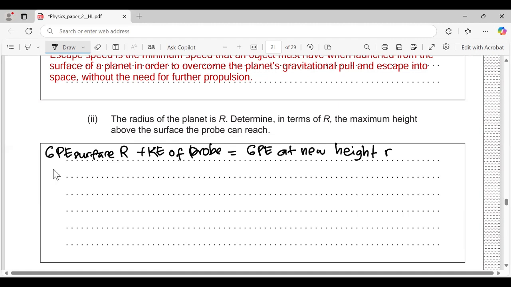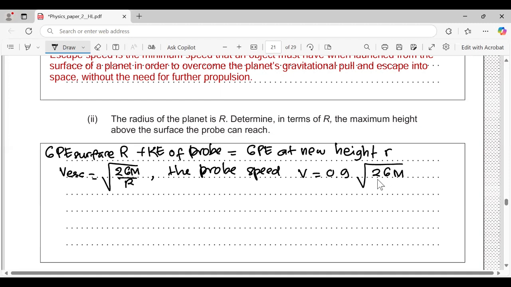Okay, I would like to start from the escape speed. The escape speed, v escape, is the square root of 2GM over R. And the probe speed is v equals 0.9 times the square root of 2GM over R.